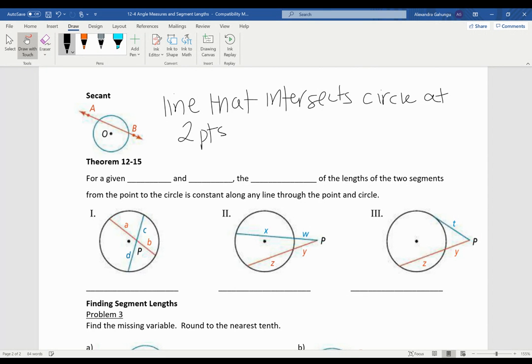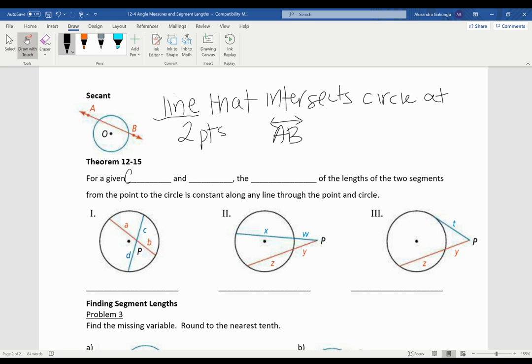Before, we had our tangent that intersected only at 1 point. So secant AB is a line, that's a big deal. It hits circle O at 2 points. Then we're going to look at some other segments and what the product of those segments does.